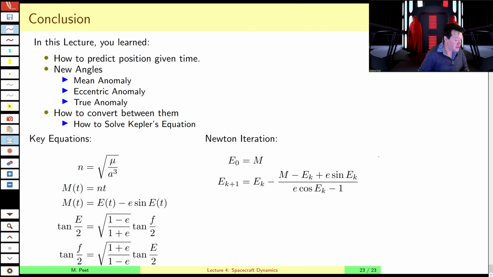So finally, we can conclude our progression: T to M to E to f to r and v. We can do the hard way, and of course we can reverse these steps and go the easier way. It's just when you're going this way, you need a couple of iterations, E1, E2, E3.